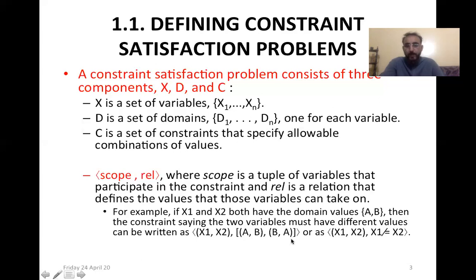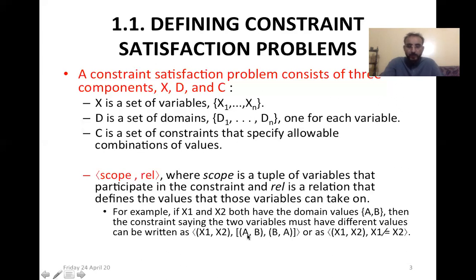And then the second part is the relation, in which we have to mention the relation between the values of the two variables. Here, the first part contains a comma b within the parentheses, and it means that this a is for x1 and this b is for x2.